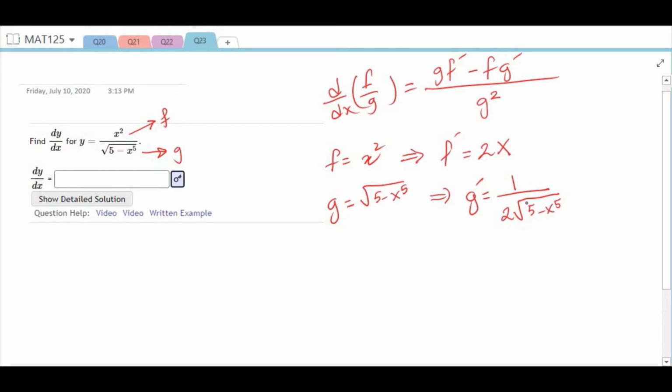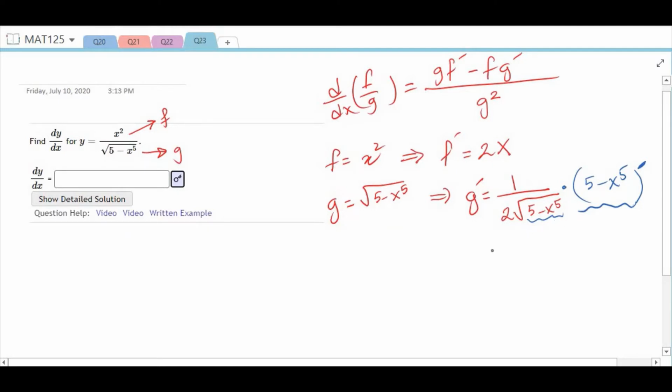But we have to find the derivative of what's inside that radical and then multiply, because we're using the chain rule. So we're going to say 5 minus x to the fifth, prime. We need to find the derivative of what's inside the radical.